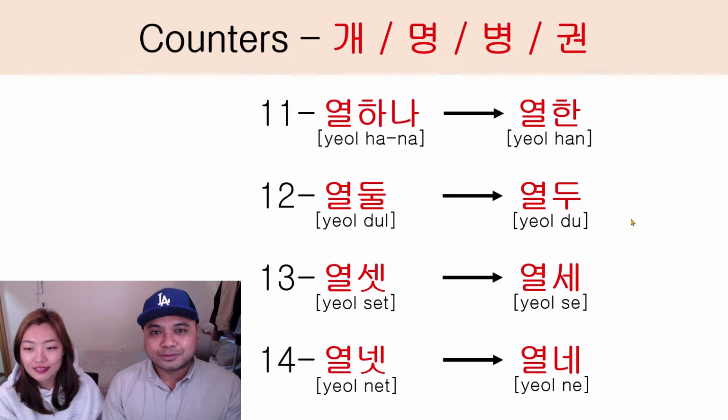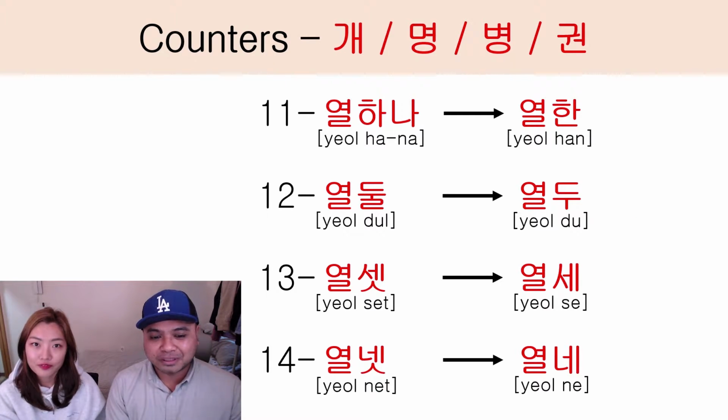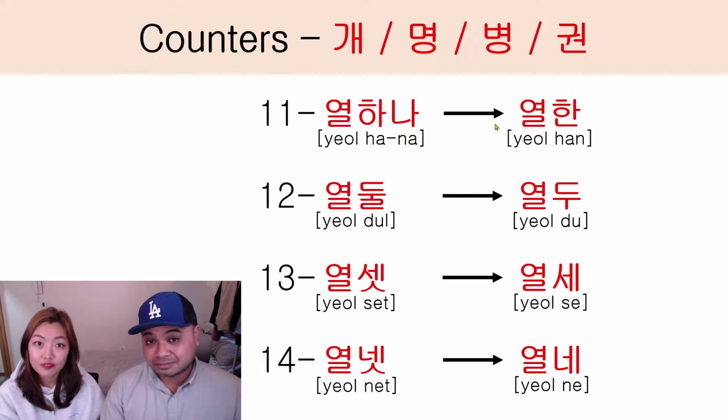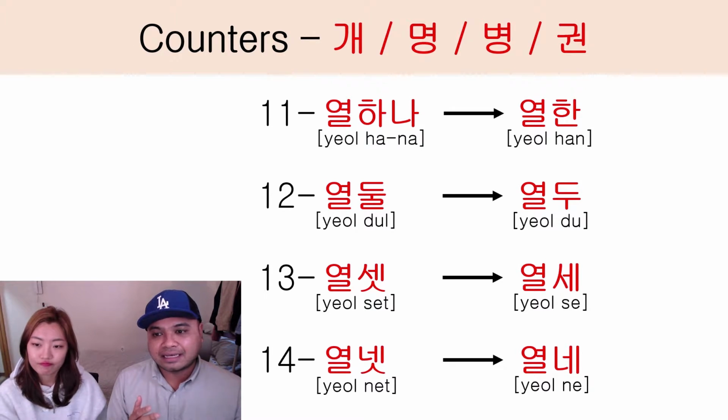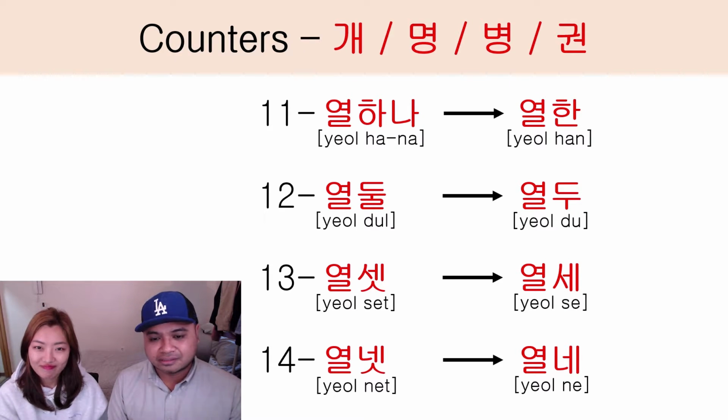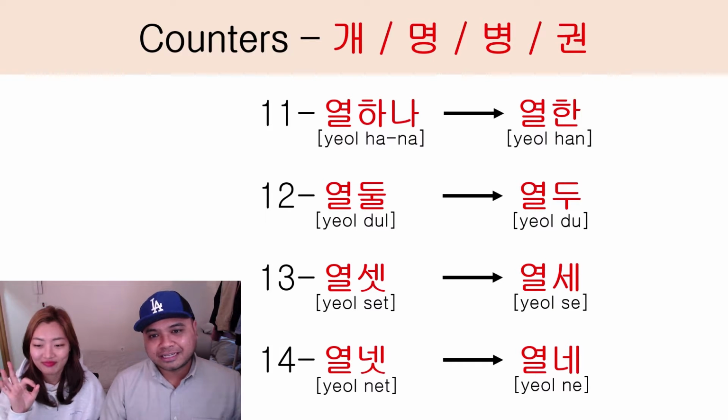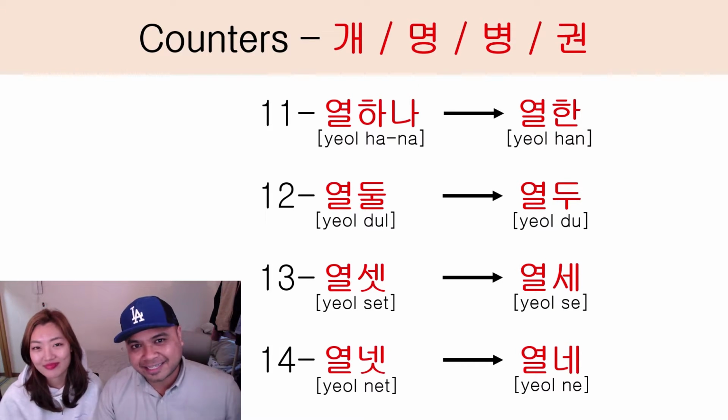Yeah, so when you're using 11, 12, 13, 14, you gotta remove the last letter, and then you have the correct way to say it. Also for 21, 22, 23, 24, 31, 32, 33, 34, you remember, you gotta say 한, 두, 세, 네. Do not say 하나. Do not say 둘. Do not say 셋. Do not say 넷. Okay? I hope that is clear, and we are ready for our first example.